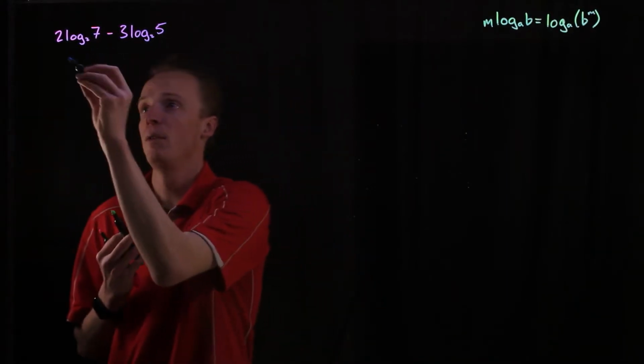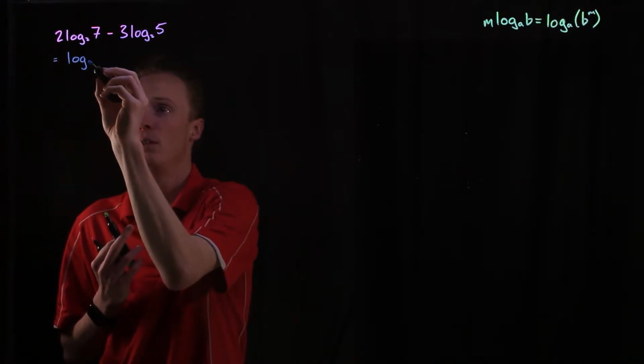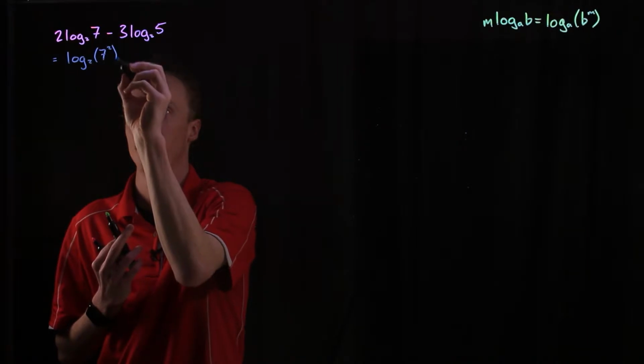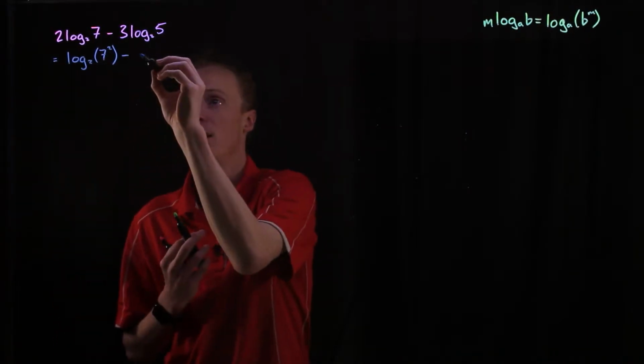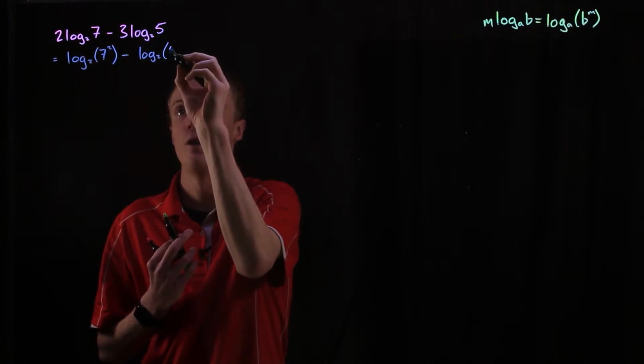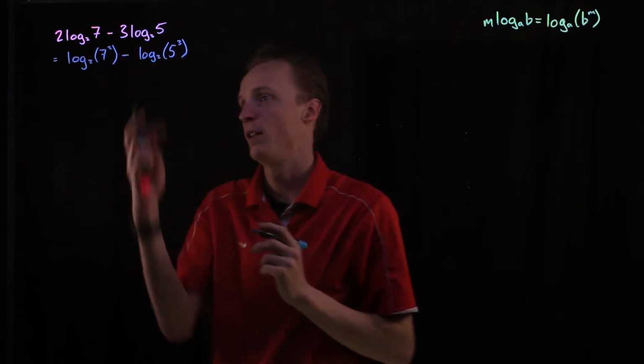So this one is the equivalent of log base 2 of 7 to the power of 2, and that'll be subtracting log base 2 of 5 to the power of 3. So let's just evaluate that.